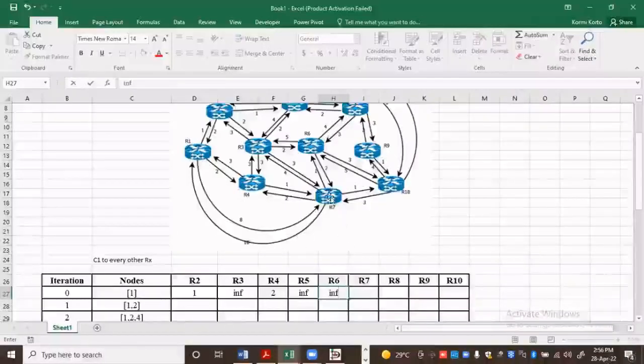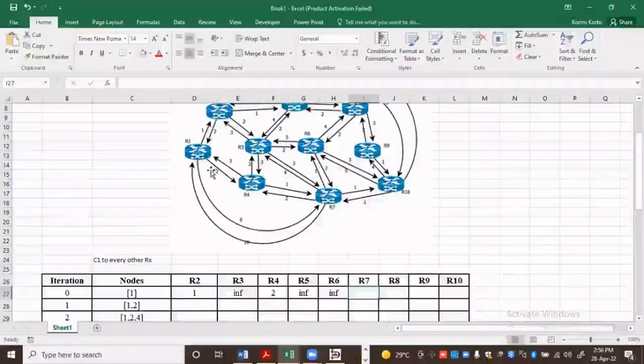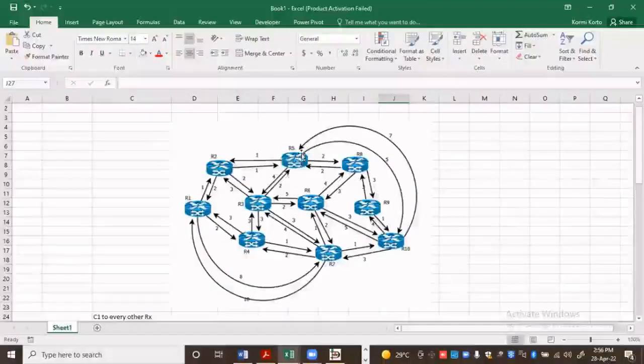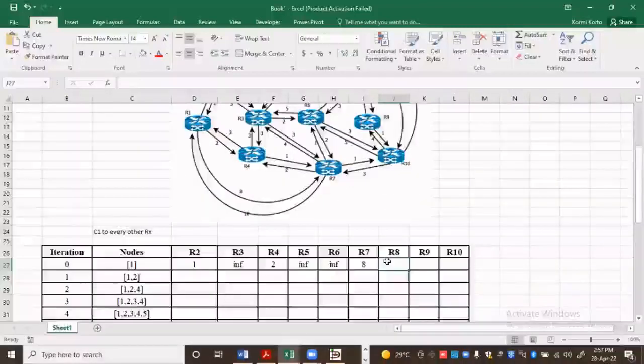R7 is directly connected, and it has a cost of 8 from R1 to R7. So that's 8 over here. Router 8, there are 2 routers that you have to go through, and you don't have them at your disposal. So you have to make it infinite. The rest are going to be infinite, infinite.